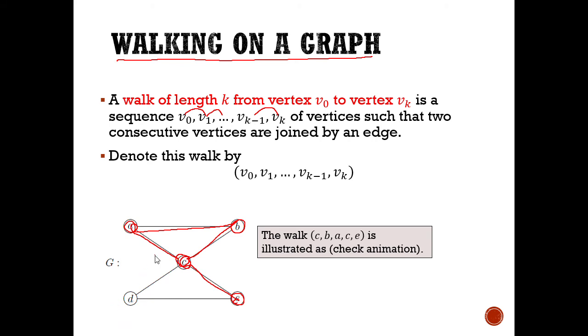And I have this animation to show the walk CBACE. So C to B, B to A, A to C, and C to E. Okay.